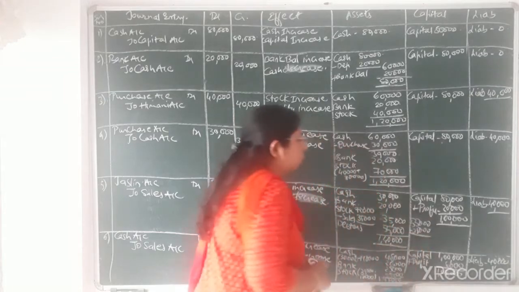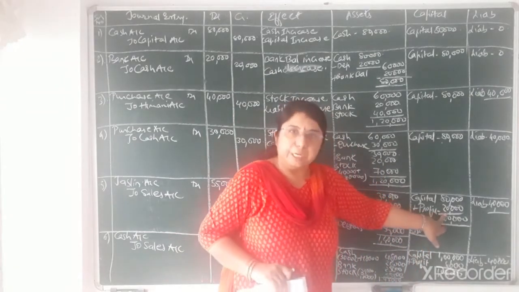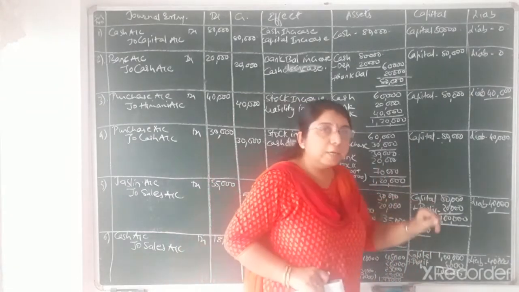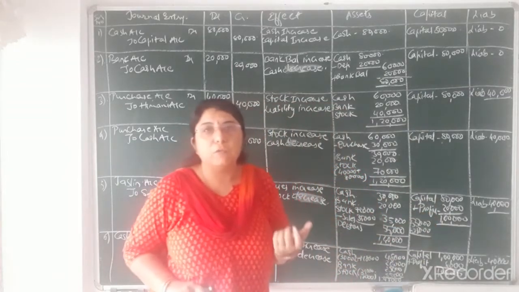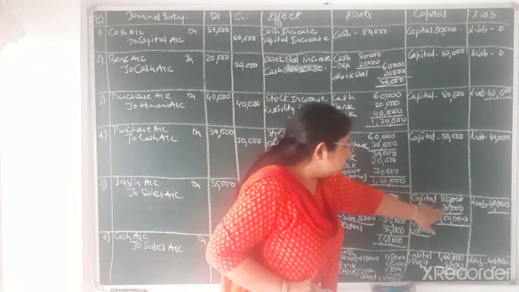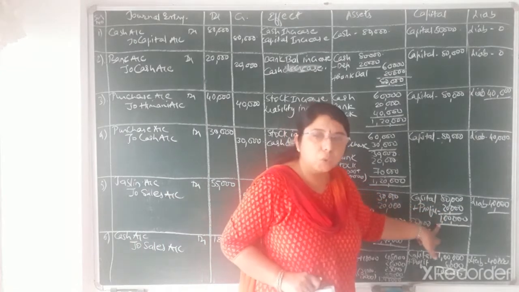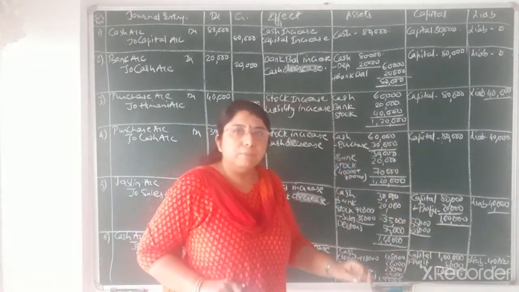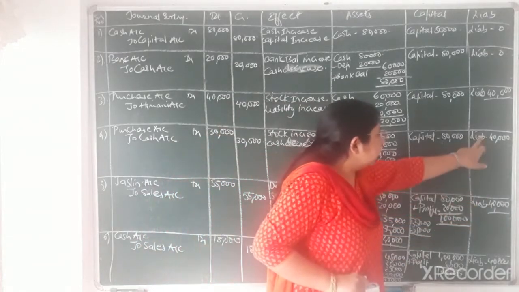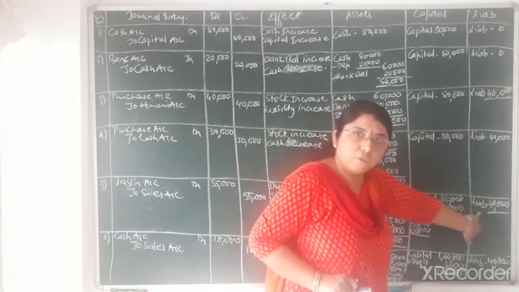The difference amount is the profit, that is 20,000, and due to that profit the capital of the firm will be raised. So 80,000, the previous balance of capital, plus profit 20,000, the total balance of capital comes to 1 lakh. In liability there will be no change, it is 40,000.